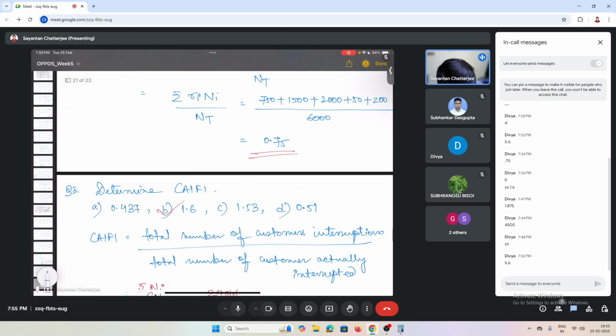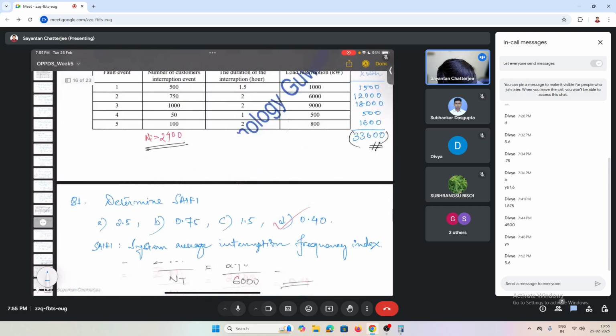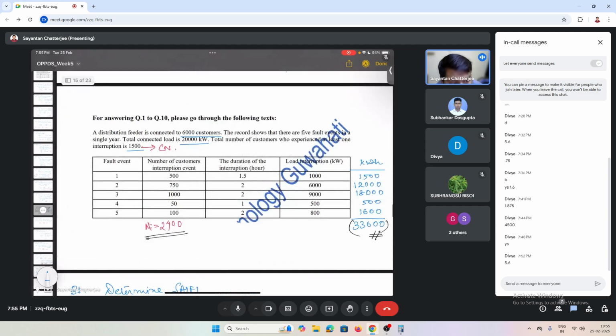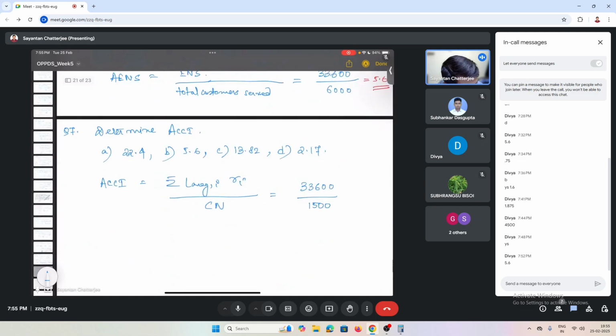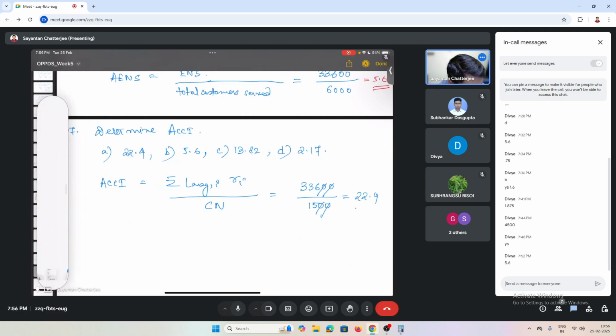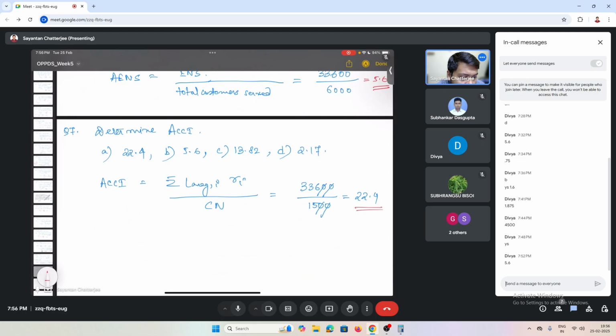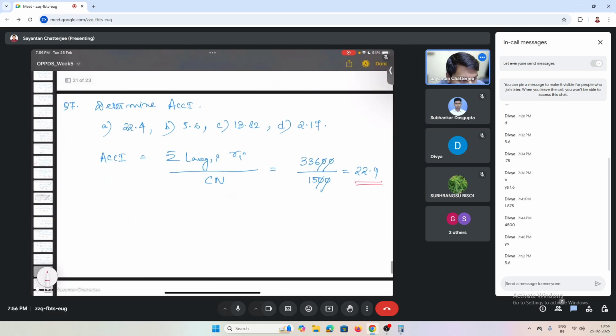Since the not supplied means CN, and this is CN, 1500. Okay. So the final value, directly writing, 22.4. Is it same?